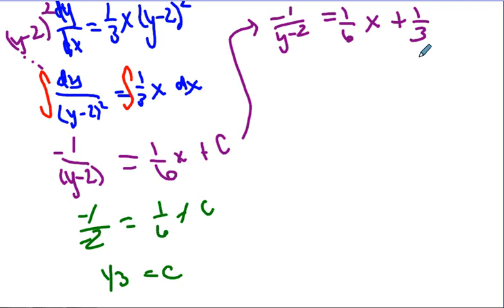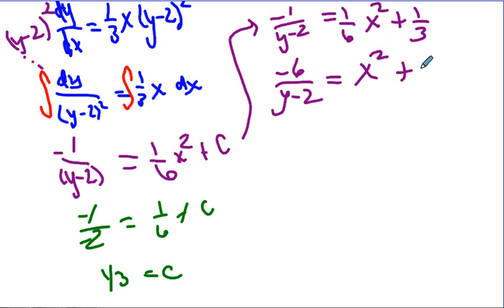All right, I'm going to multiply everything by 6 so that I don't have these fractions over here on the right side. So I've got negative 6 over y minus 2 equals, that should have been an x squared, equals x squared plus 2.